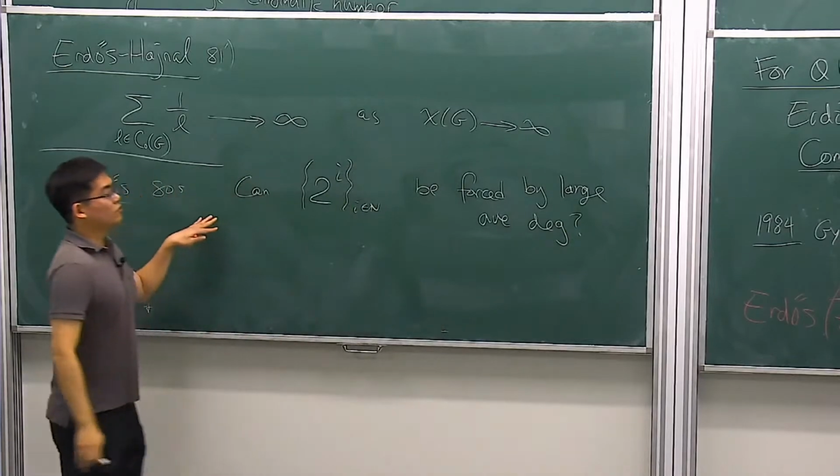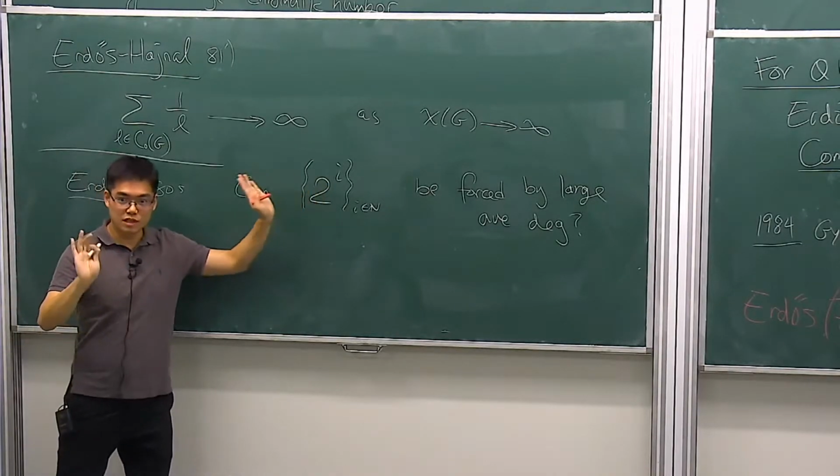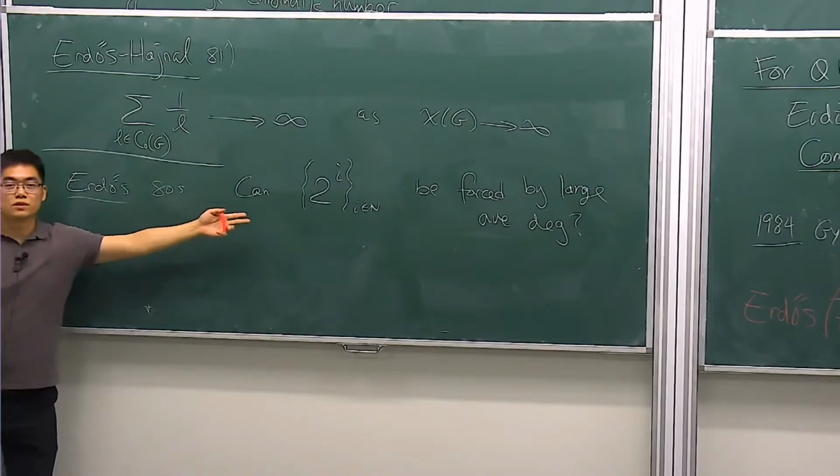The formal statement is: does there exist an absolute constant C such that for every graph whose average degree is bigger than C, you can for sure embed a cycle whose length is a power of 2? I don't know which i, but some power of 2. Or C(G) intersect this infinite sequence, if you'd like to say that.